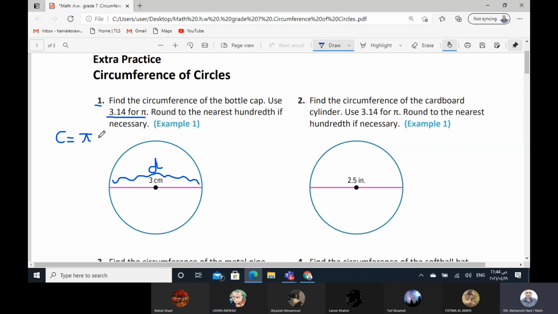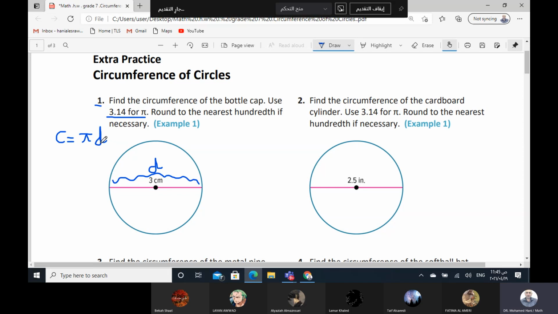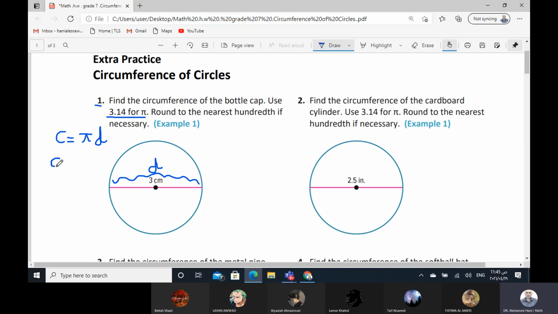Great. Then substitution. C equal pi, 3.14 times 3. Who can help me to find the product here? What is the answer here?